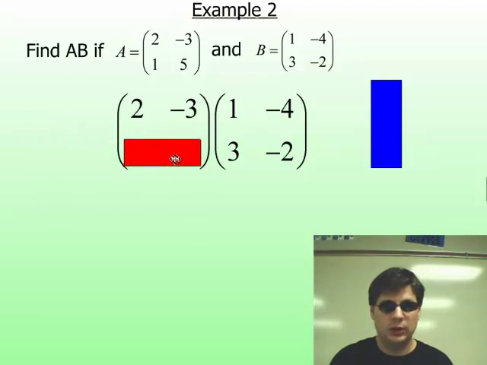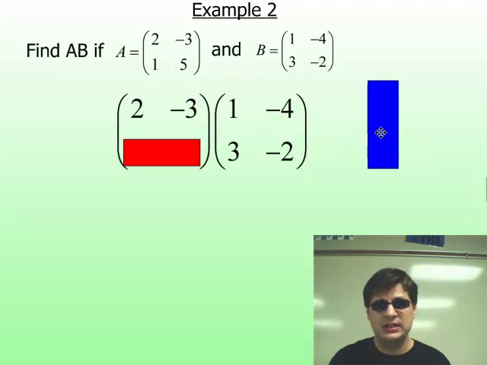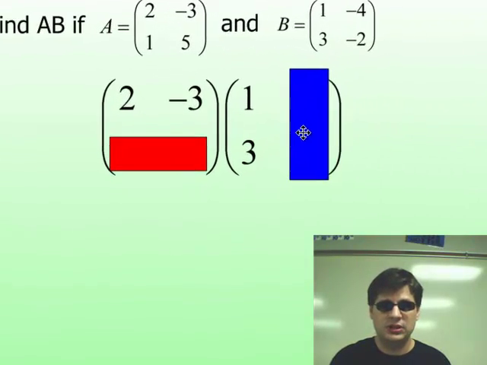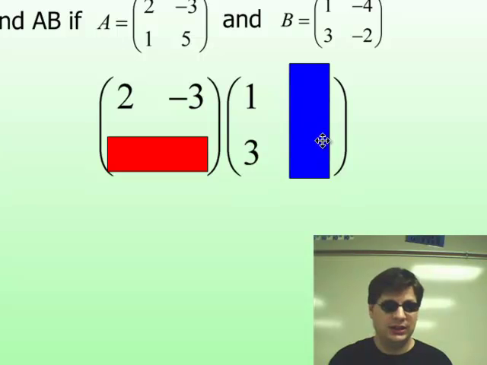And then we're going to cover up the second column in matrix B, like so. Now we're focused just on the first row in matrix A and focused on the first column in matrix B. And now we will start our multiplication process.